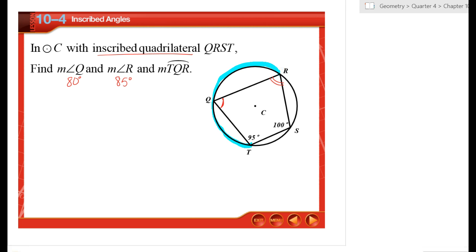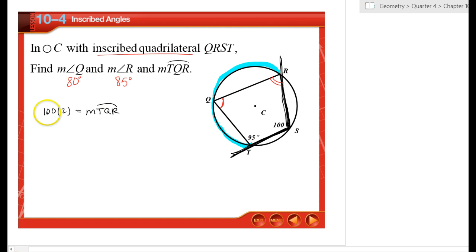I can look and see that what creates that arc is angle S. Remember, the arc is twice the angle. I always say that wrong. The arc is twice the angle. So the arc is 200 degrees.